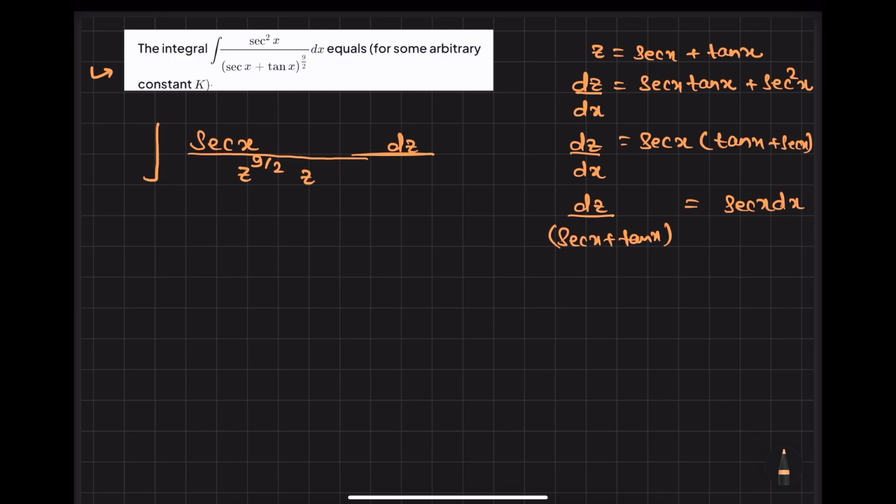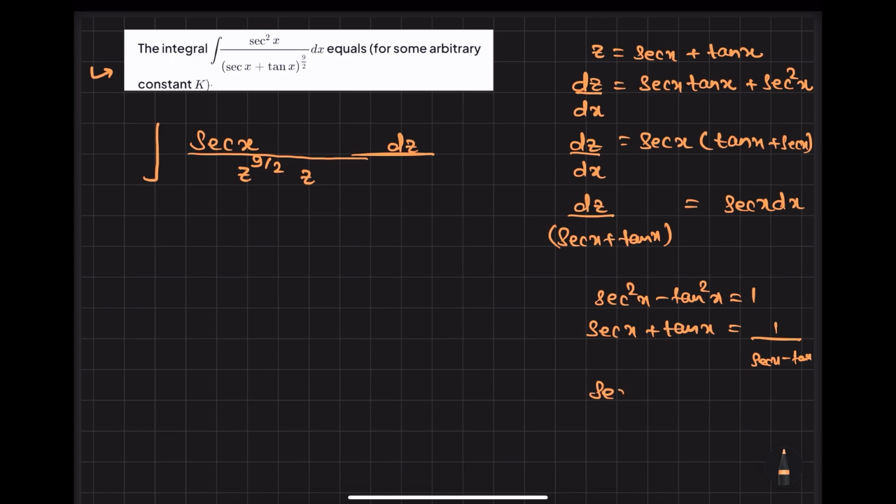So how will we handle this part? Try to understand. You know that you have taken sec x + tan x as z. Do you remember we have a formula that connects sec x and tan x? Sec square x minus tan square x equals 1. Now you can write this as (a + b)(a − b). So sec x + tan x is equal to 1 by (sec x − tan x). Now you know that the value of sec x + tan x is z.